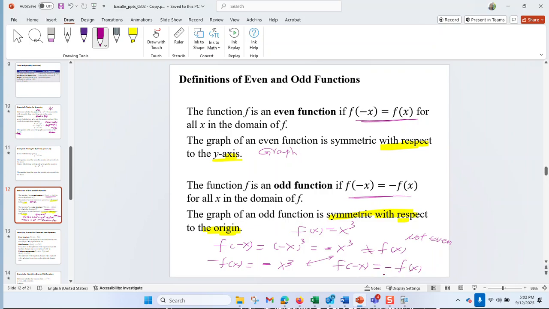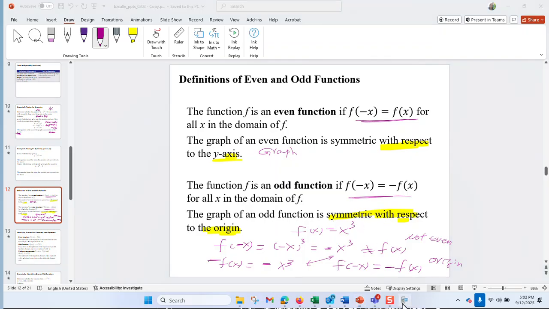In the first one, you have to replace x by negative x. In the second one, you multiply the entire function f of x by negative. These two come out the same, which means the function is symmetric with the origin.